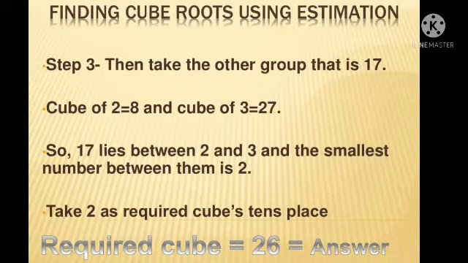Step 3. Then take the other group, that is 17. The cube of 2 is equal to 8 and the cube of 3 is equal to 27. So 17 lies between 2 and 3, and the smaller number is 2. Take 2 as the required cube root's ten's place digit. So the required cube root is equal to 26, that is the answer.